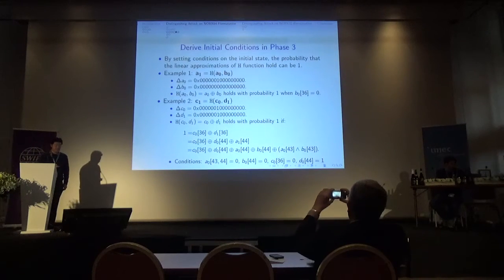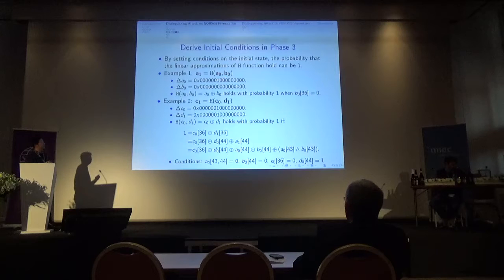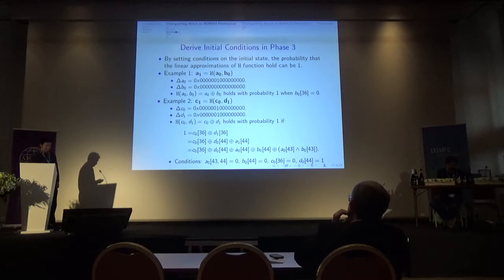Here are some examples of the initial conditions. Suppose that we have this linear approximation of the H function, A1 equals H(A0, B0). Then we only need to set a condition such that B0[36] equals 0.